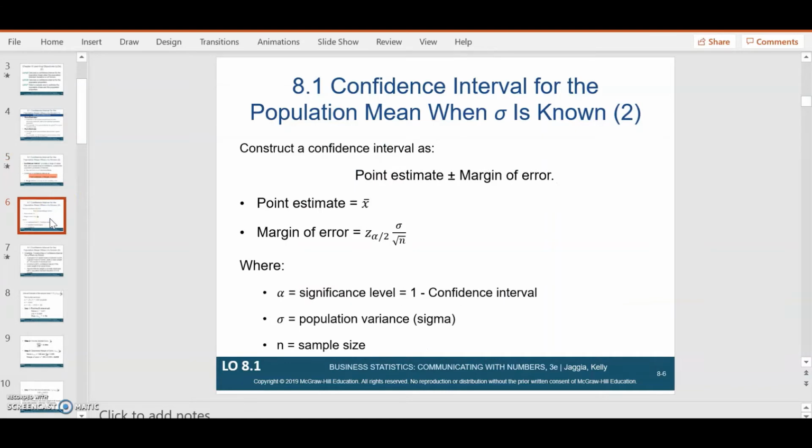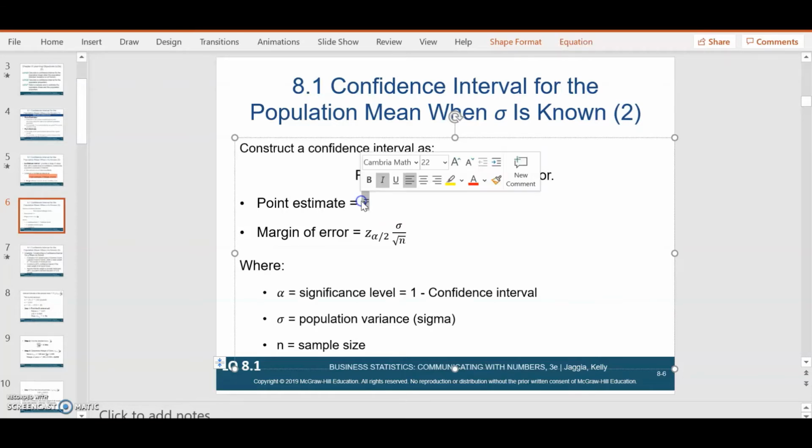If we go specifically into the formula, as I mentioned before, the point estimate can be the sample mean, denoted by X bar, or the sample proportion.